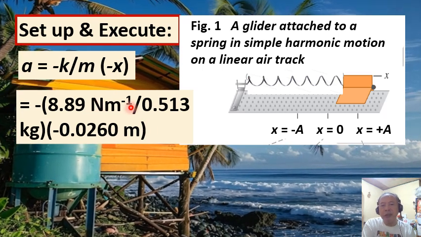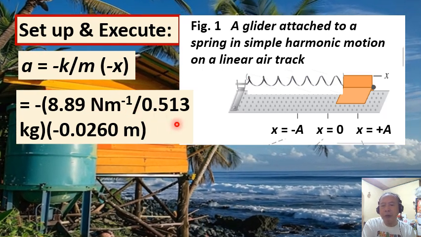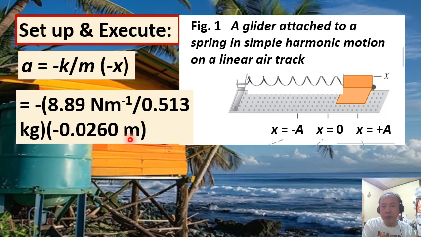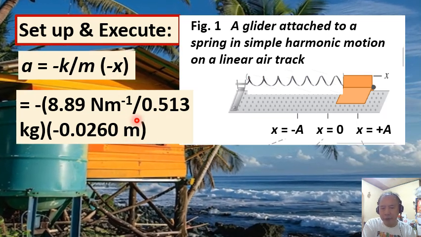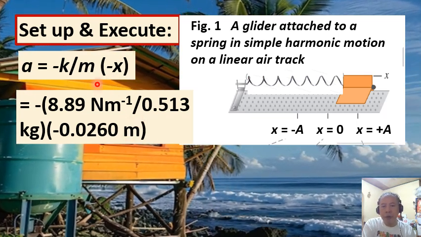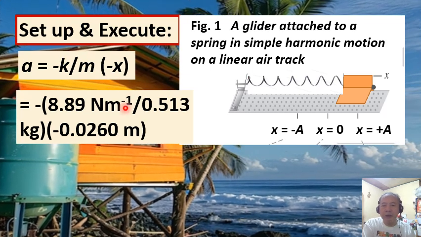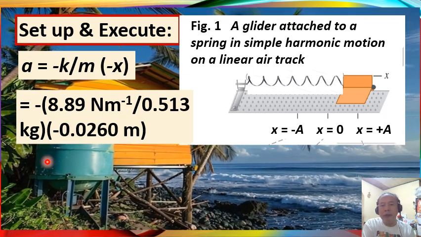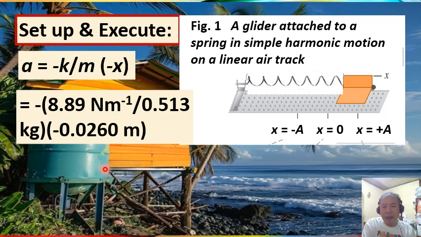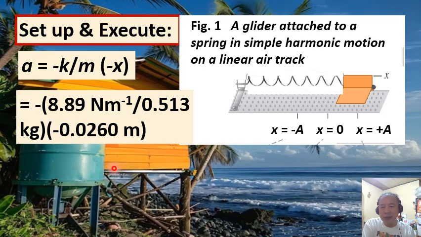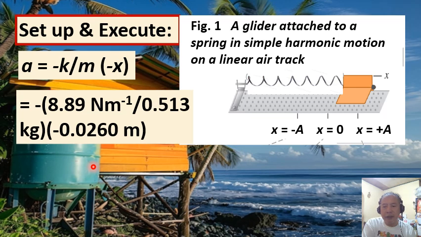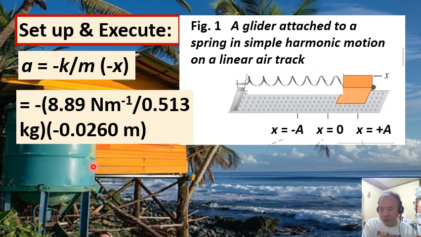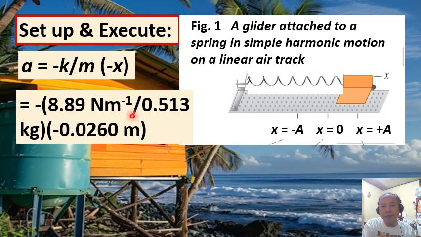But whether you use the negative x value or the positive x value, you still get the same answer, right? So I just prefer to use the negative x value so that eventually we will be getting the value of A to represent the required magnitude of the acceleration, right?